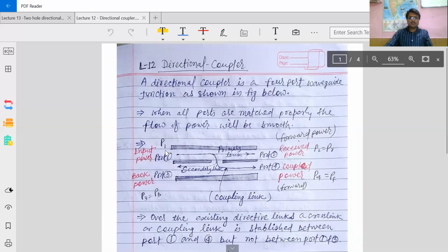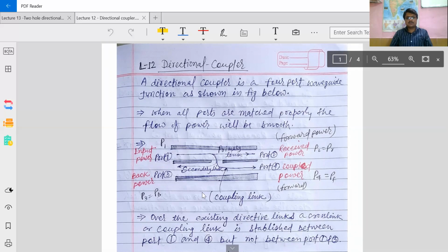Now, what is the functioning of it and what is the definition of directional coupling? There are many applications of this directional coupler. Why? Because microwave power is a huge power.